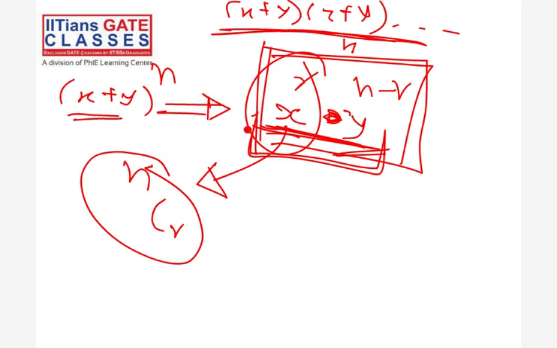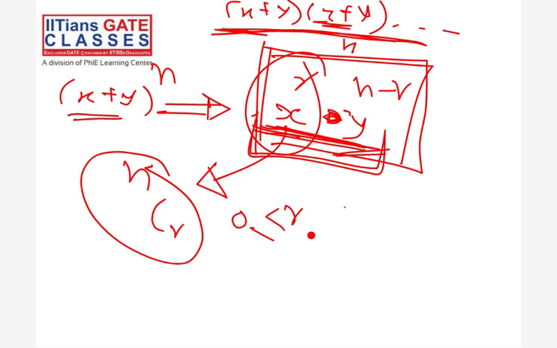Finally, remember that r goes from where to where. Minimum r can be 0. When r becomes 0, what does that mean? It means that you have not picked x, because x power 0 means you have not picked any x. From each pair you have only picked y.